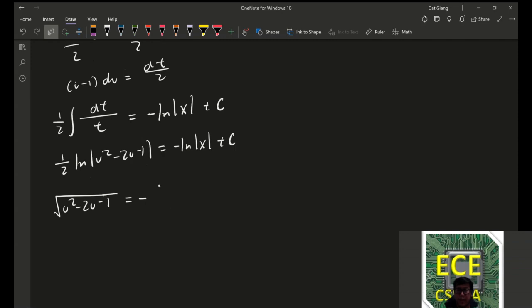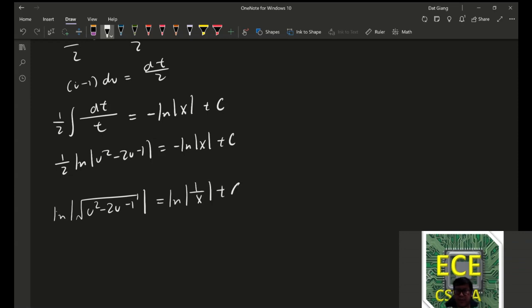This is a bit confusing, so let me do it step by step. When we move the 1/2 back, this becomes the square root of u squared minus 2u minus 1, absolute value. This one, when we move the negative, becomes ln of 1 over x plus c.